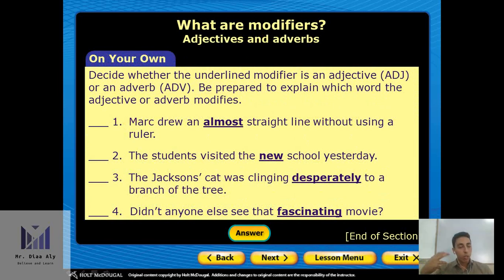I hope you got it, and this is the last exercise for today. And tomorrow we are going to discuss the phrases and clauses as modifiers. I hope you repeat this lesson more than one time so you can get it. Okay, now in this last exercise, you will look at the underlined words, as you can see there: almost, new, desperately, fascinating.